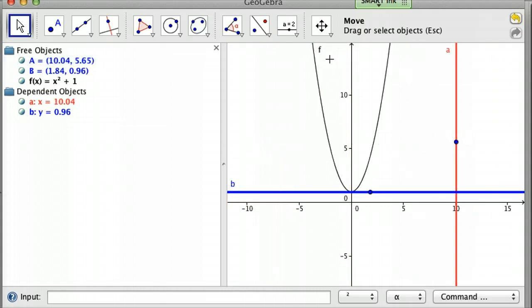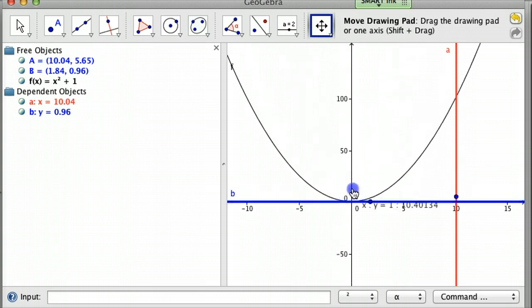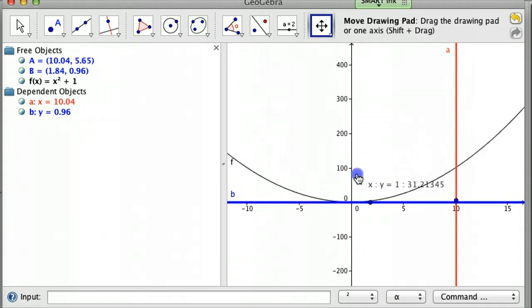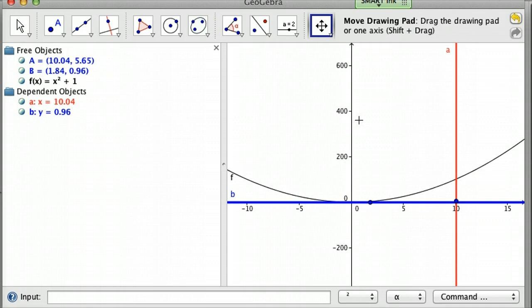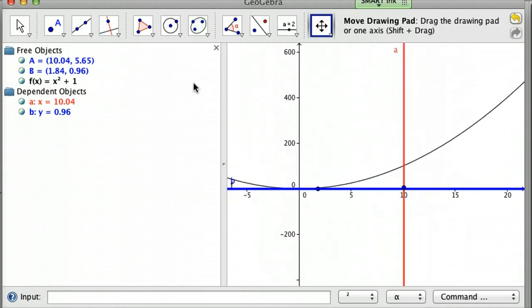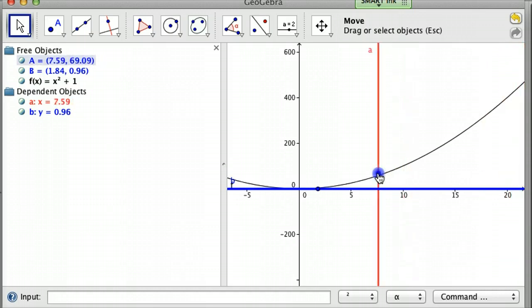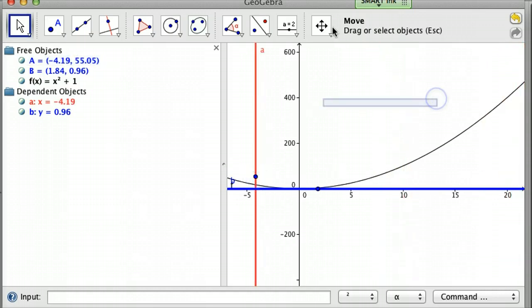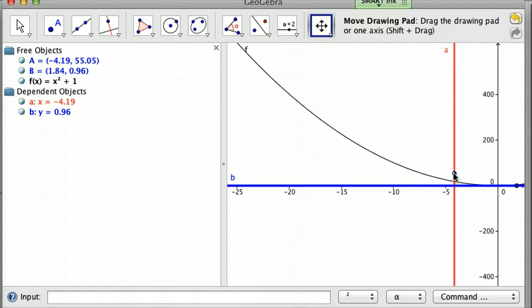You could shrink this down so you can see it. If we get a really crazy scale like 600, now when you drag it, you can really see that it goes on and on forever on the domain side. I'll keep dragging the other way, and it's the same, it touches everywhere.